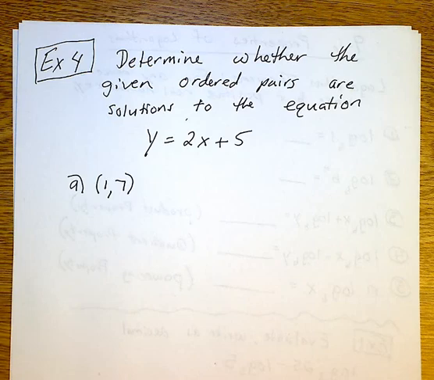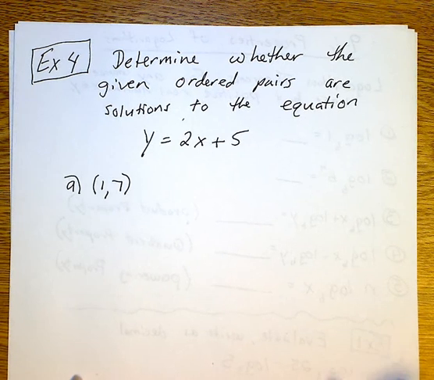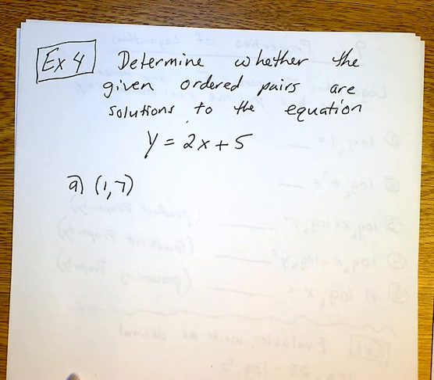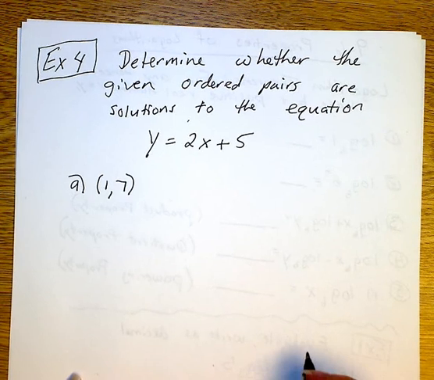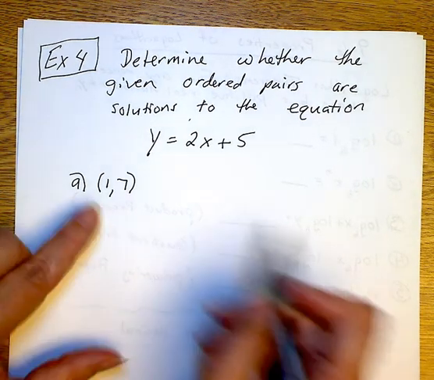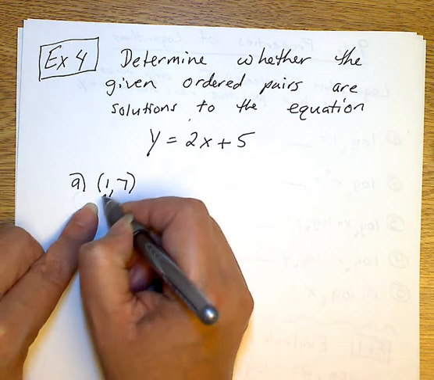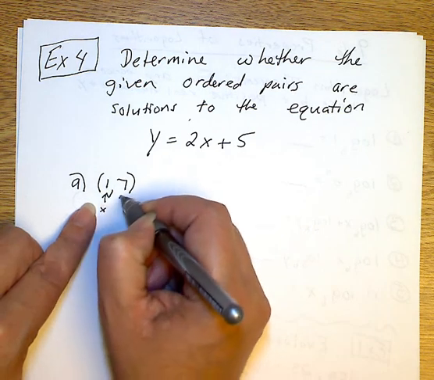How could I find out if 1, 7 is a solution? What does it mean to be a solution, Nick? You plug 1 for x and then solve the equation for y. All right, that is definitely one way. And to be able to show yes or no, what you really want to do is plug this always in for x and this in for y, and then put a question mark.